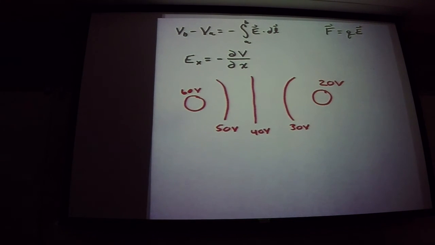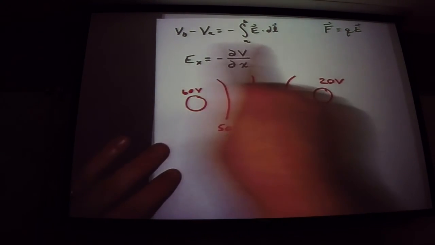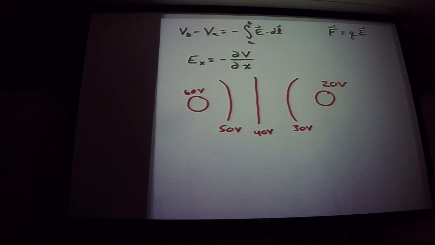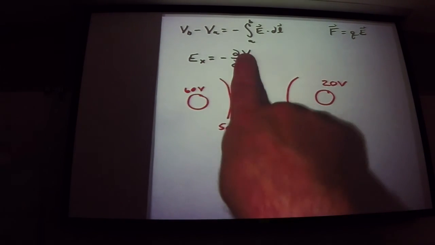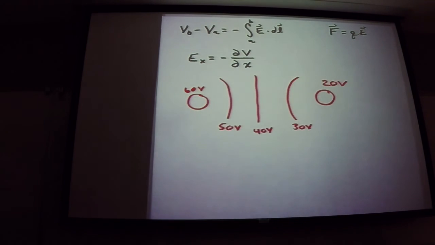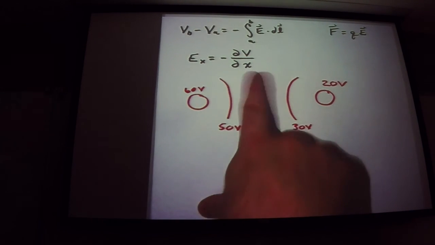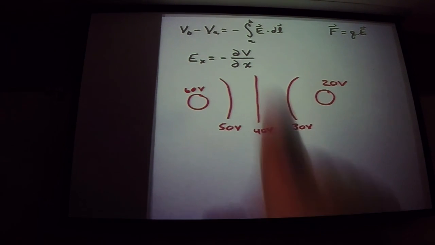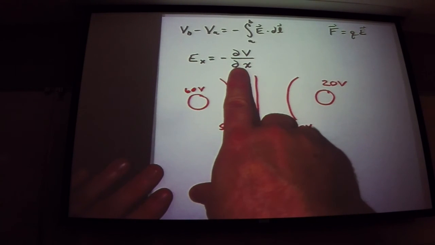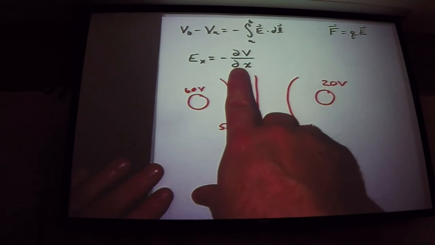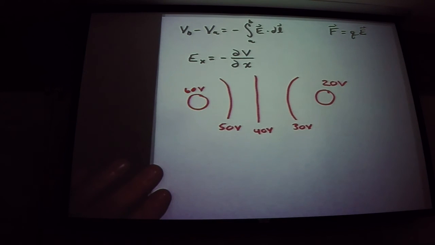Now let's simplify this equation. Instead of saying that this is some kind of continuous thing, let's say that the electric field is constant throughout there. If this is a constant electric field, then we can change these d's to deltas, if we're looking for the average electric field.